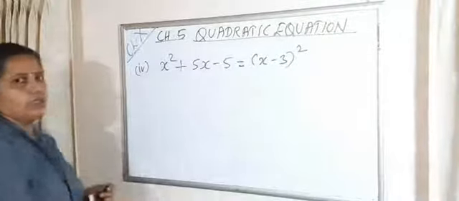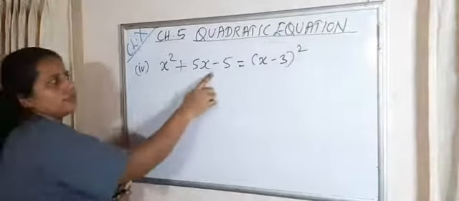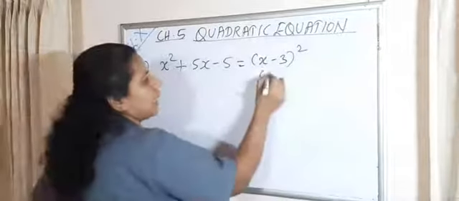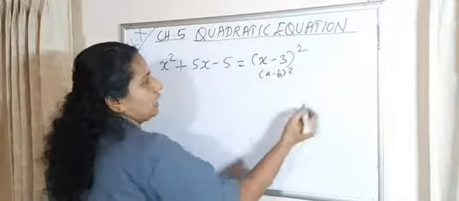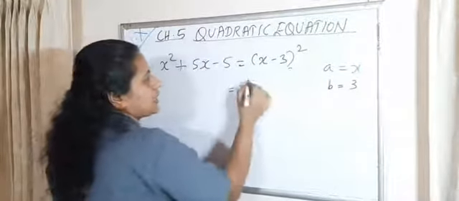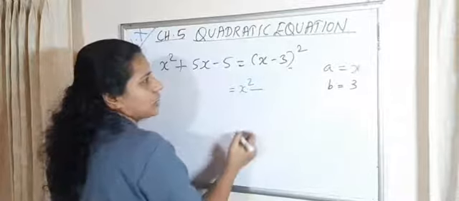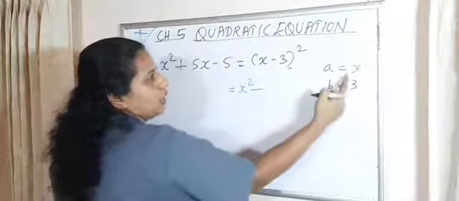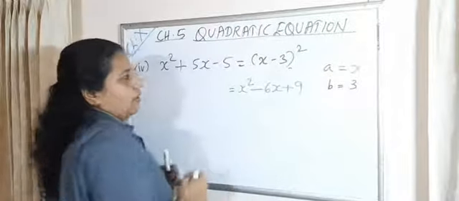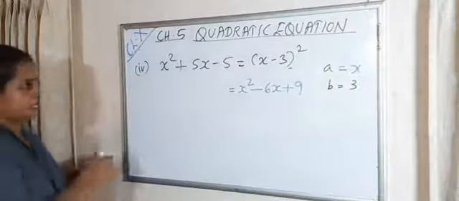Just look at one more question, that is x square plus 5x minus 5 is equal to this. So it is of the form (a minus b) whole square. a is equal to x and b is equal to 3. So a square means x square, minus 2ab, 2 into x into 3, that is 6x, plus 9. Okay, x square minus 6x plus 9.